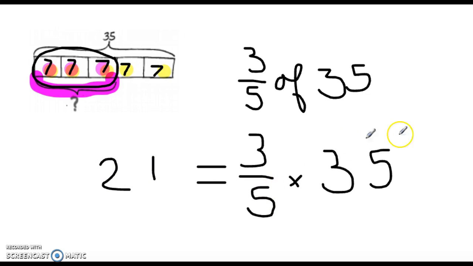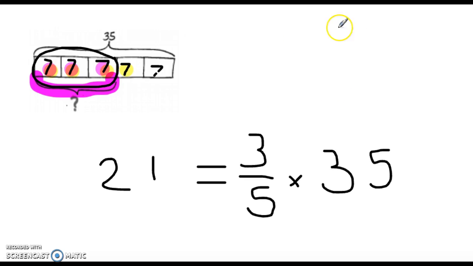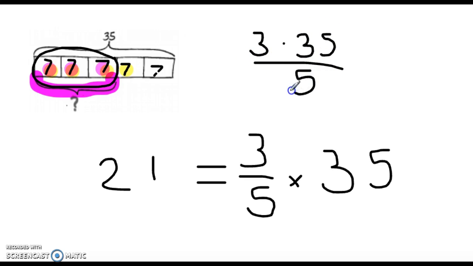Now I could use a shortcut here. Let me clear a little bit of space for us to show that shortcut. I could think about rewriting this problem as 3 times 35 over 5, and then shortcut it and say if I split 35 into 5 pieces, this is really becoming 1 and this is 7.